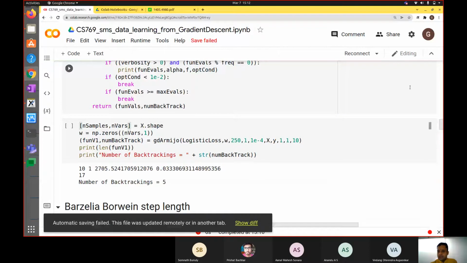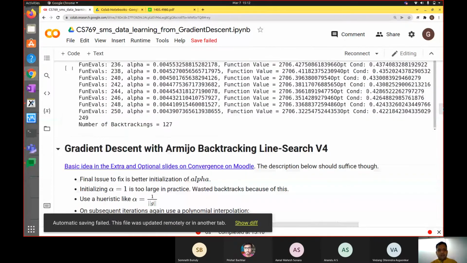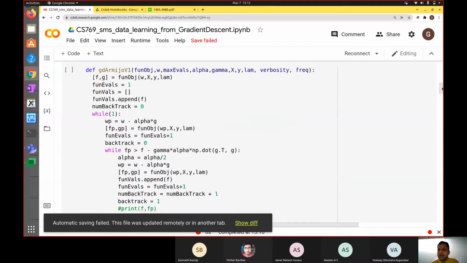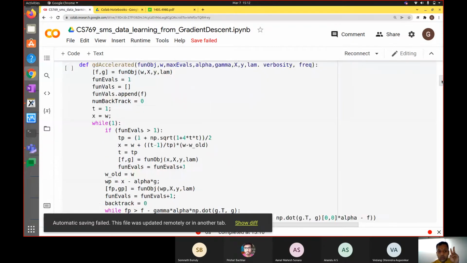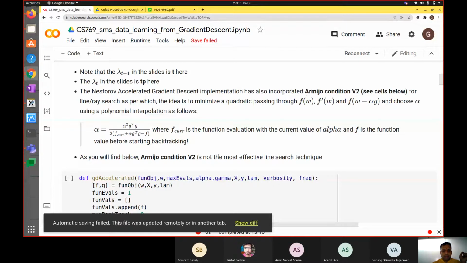I have mentioned upfront that our accelerated gradient descent implementation was inspired by version 2. The Nesterov accelerated gradient descent implementation below has also incorporated RVO condition V2, not V4.